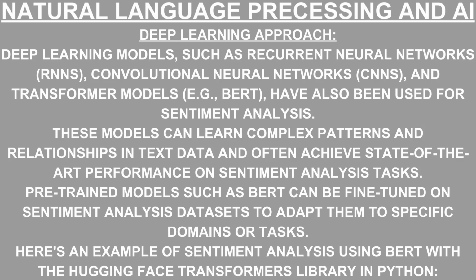Pre-trained models such as BERT can be fine-tuned on sentiment analysis datasets to adapt them to specific domains or tasks. Here is an example of sentiment analysis using BERT with the Hugging Face Transformers library in Python.